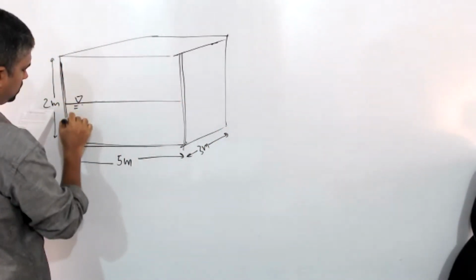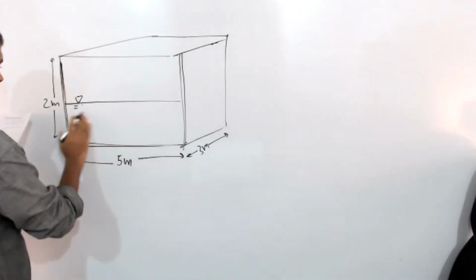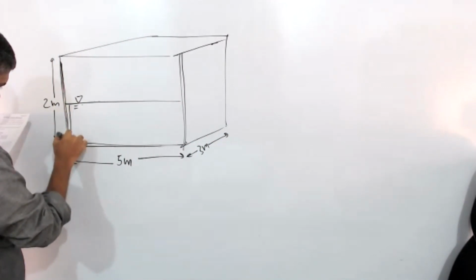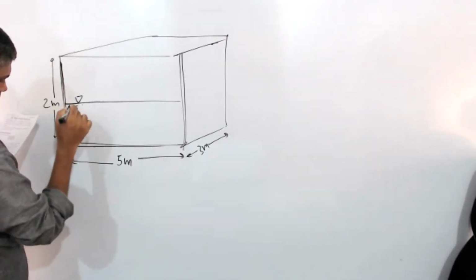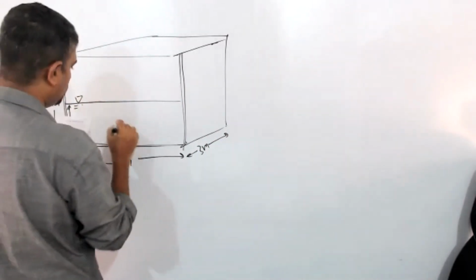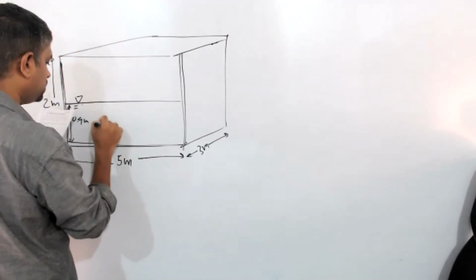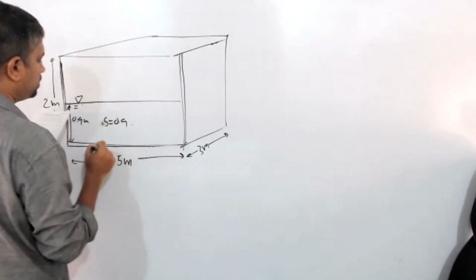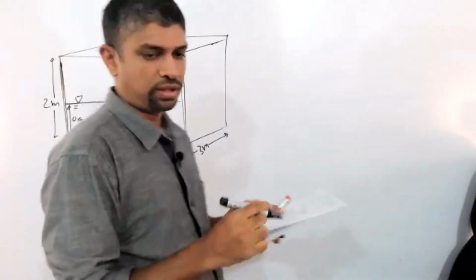It's a free surface. Relative density is 0.9, and the initial oil level is also 0.9 meters.